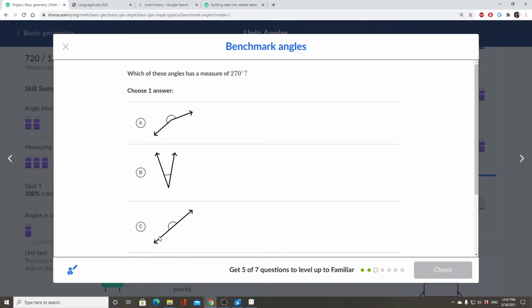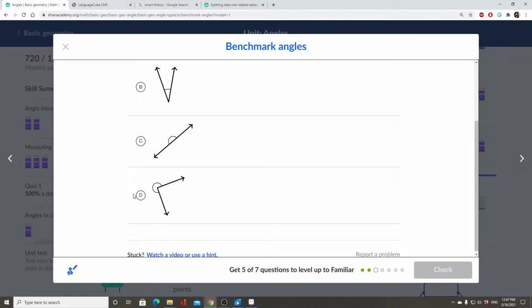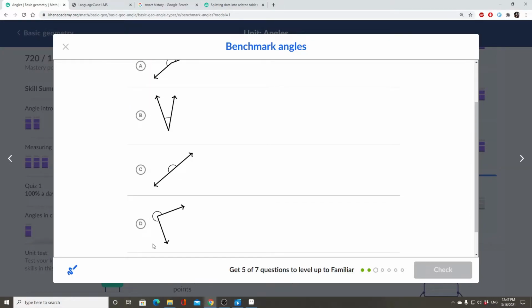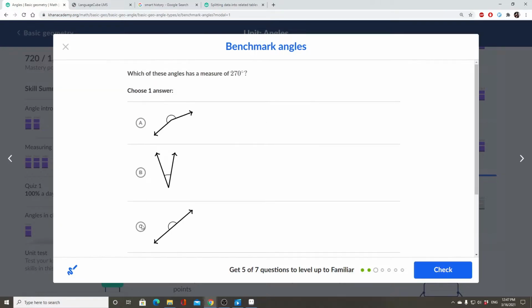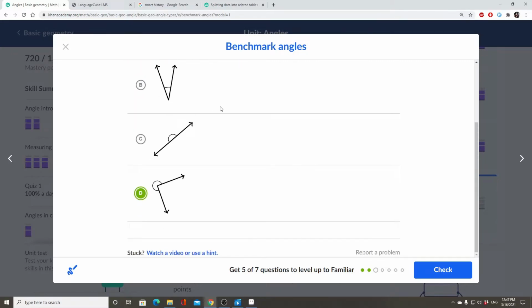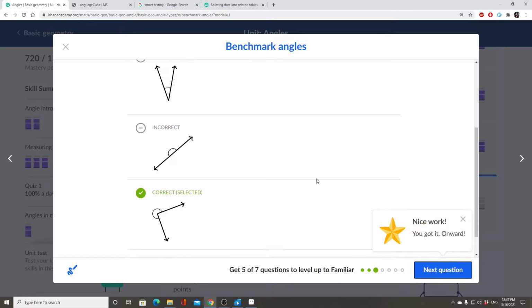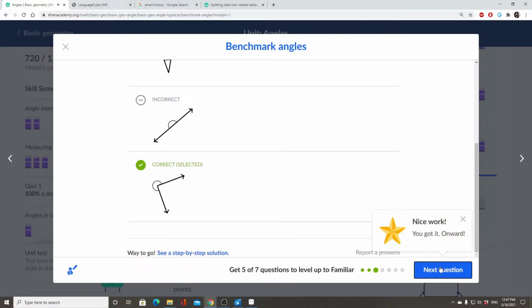That's a pretty big angle, so that's probably this one. And you could do calculations to figure this out, because this is obviously 3/4 of a circle, right? Is that right? Yeah. So if you add another 90 degrees to that, you get 360. And there you go.